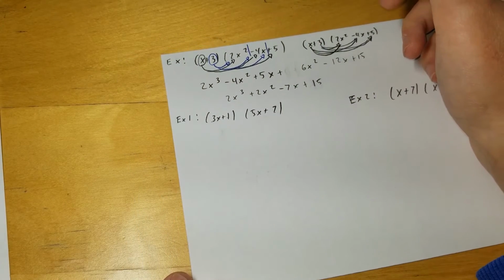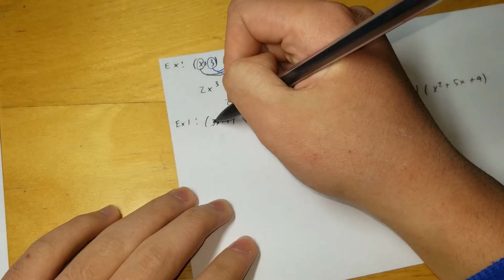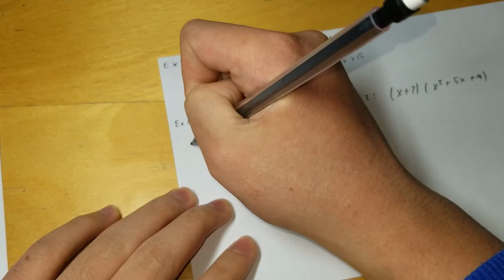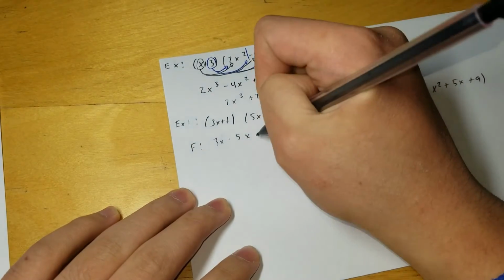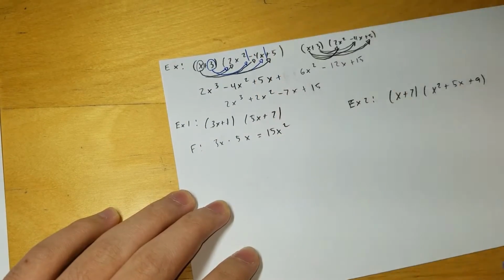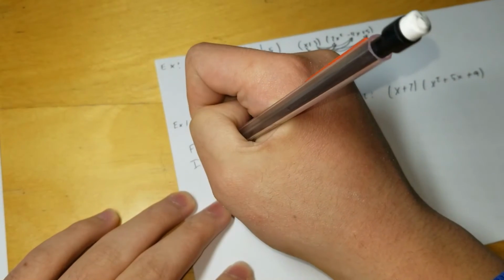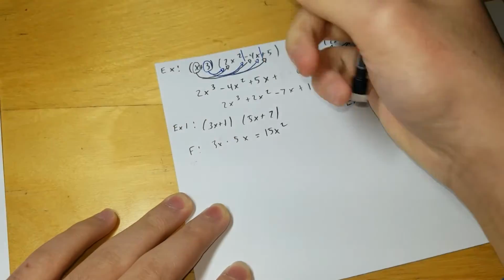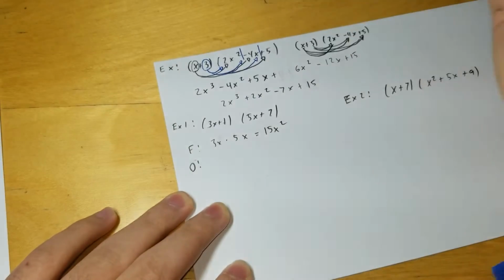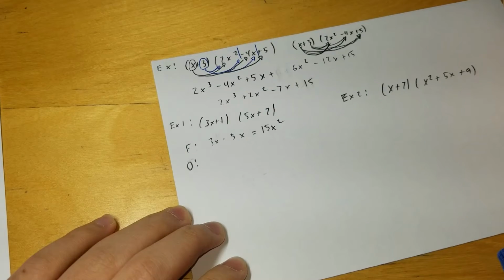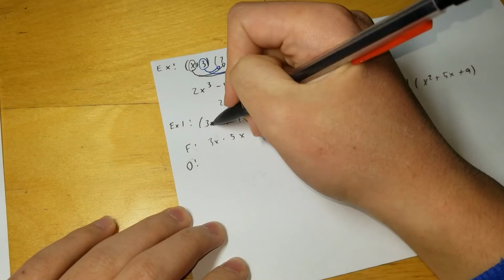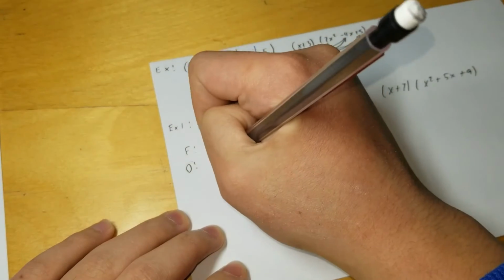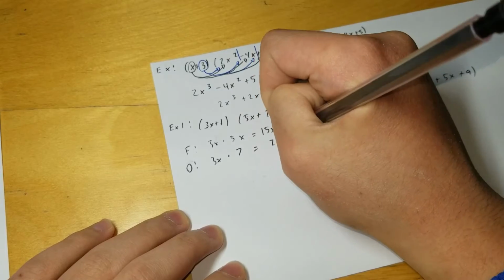So the first terms in the equation. First and first, 3x times 5x. Let's label this as FOIL right here, F. That gives you 15x squared, okay? And then the outer terms, sorry. The outer terms would be this 3x and the plus 7 right here. 3x times 7, which gives you 21x.